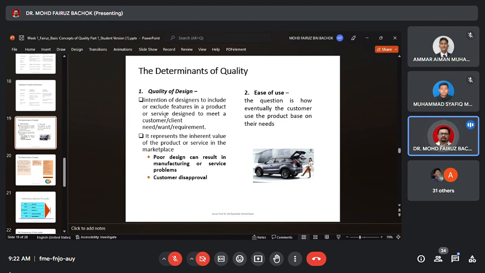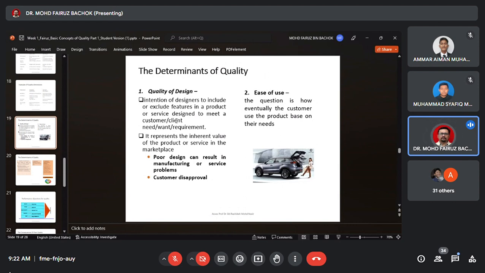That is the quality of the design. Because if not, it will come up with a poor design, which can result in major service problems, and also, most importantly, it will not get customer approval.